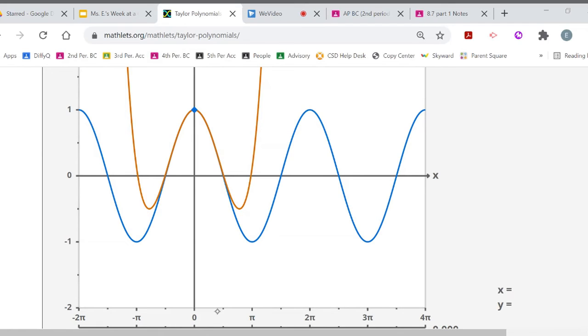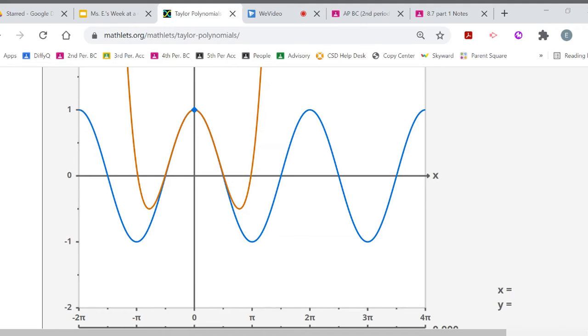So which one do you guys think is closer to the real thing? What we got for cosine of 1 when we plugged 1 into the polynomial, or what we got when we plugged in 2? So 2 would maybe be about here. Which one is closer to the real thing? What we got in part B for cosine of 1, which would have been over here, or what we got for cosine of 2?